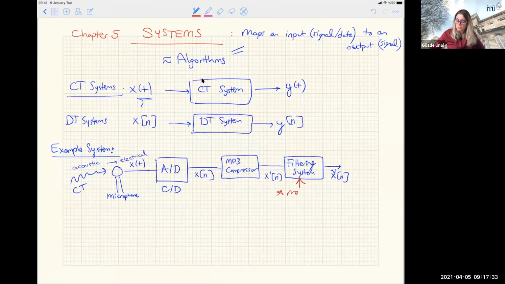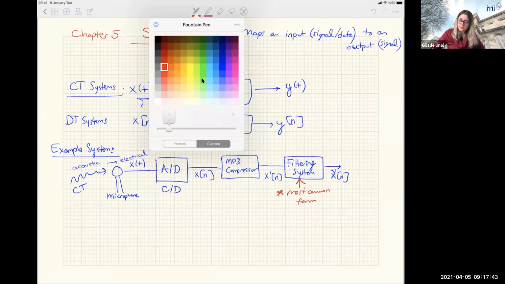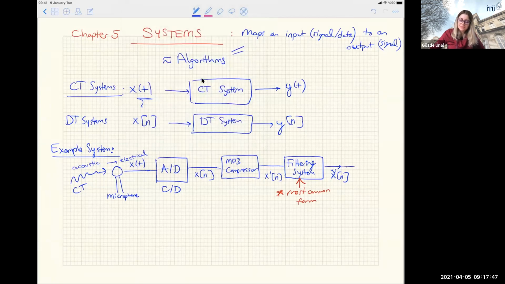Most commonly, we try to filter signals to extract information, features, and things like that. Yeah, there can be an uncompression system too. Let's say it's in this digital to analog converter.